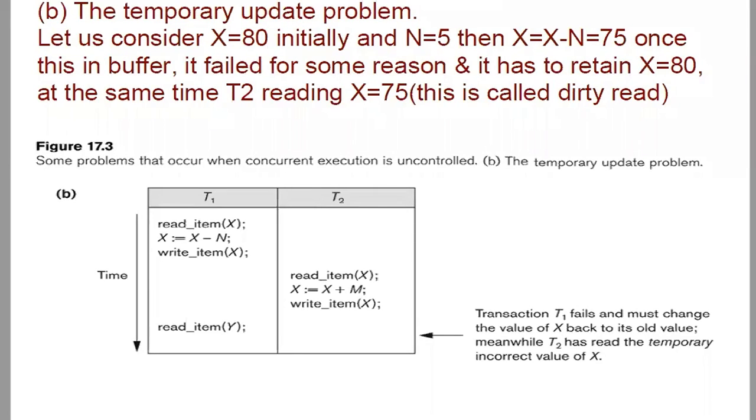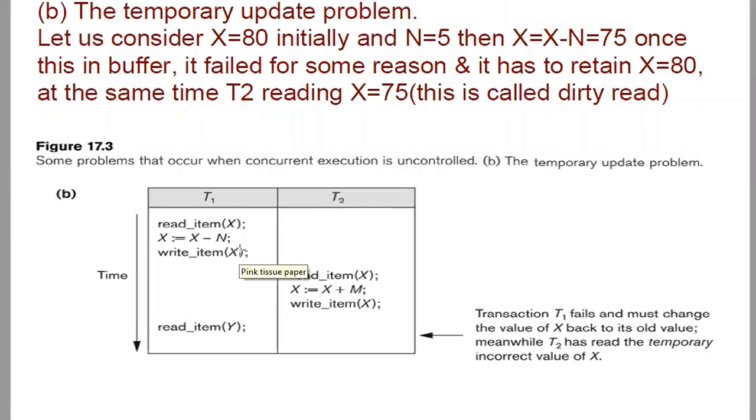The same property we apply here. Initially we have x equal to 80 and n equal to 5. In transaction T1, it subtracts x minus n, equal to 75. And again, you can see here, write item x, which means the value is going to be modified by the transaction T1.